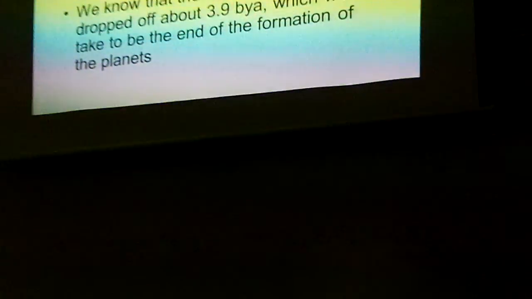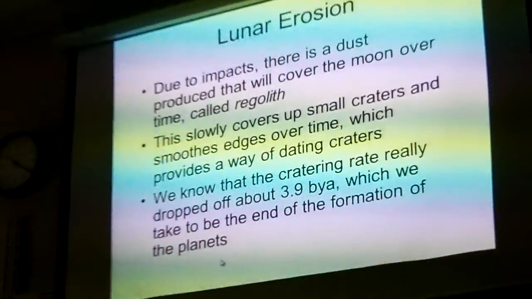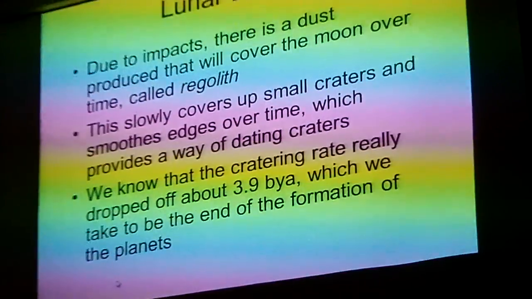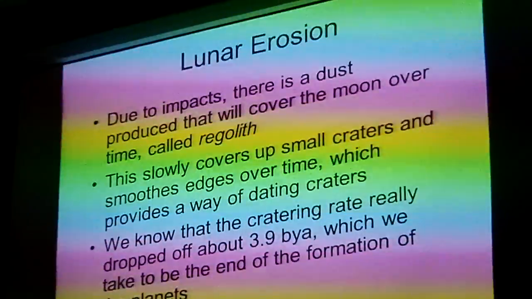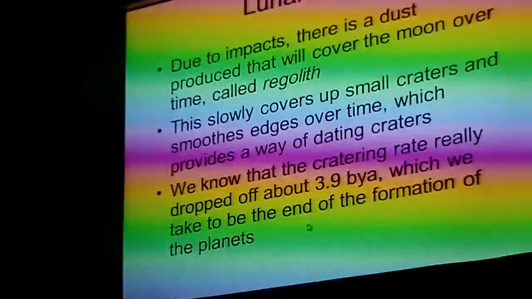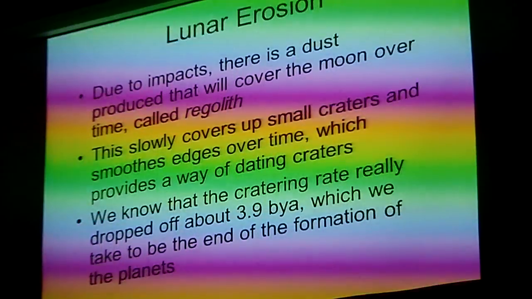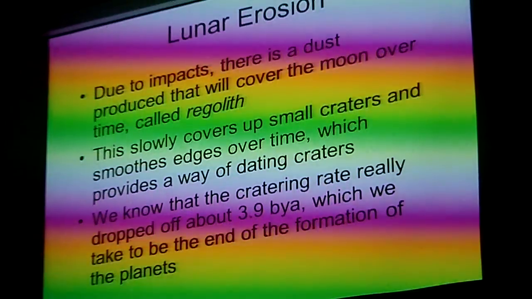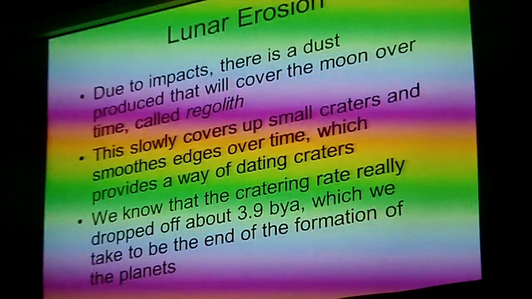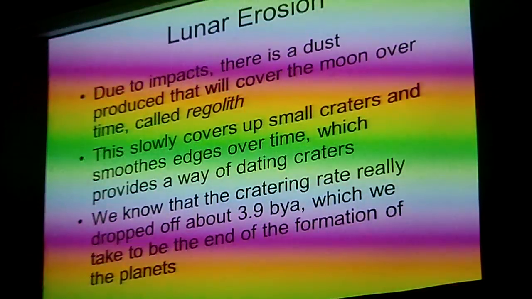Ever since then, there's been some cratering, but not nearly as much as there used to be. So when we look at the formation of the solar system, we see that it was pretty much done forming by about 3.9 billion years ago. All the debris that was floating around the sun had either coalesced into a planet or had been knocked off into deep space.